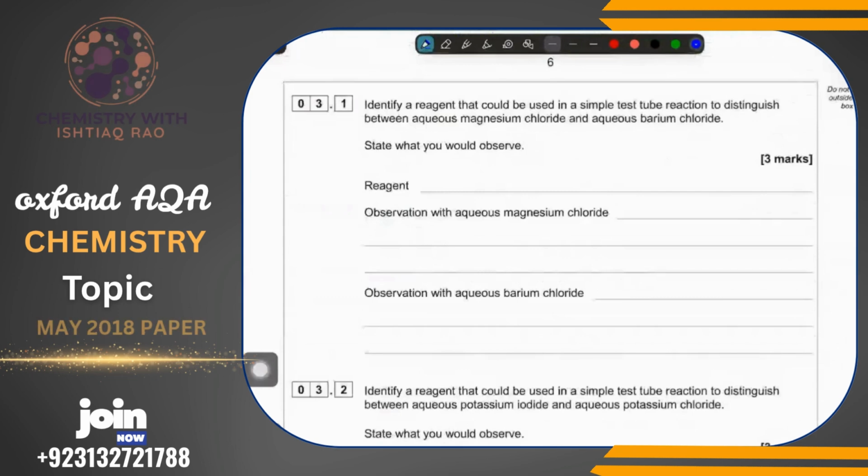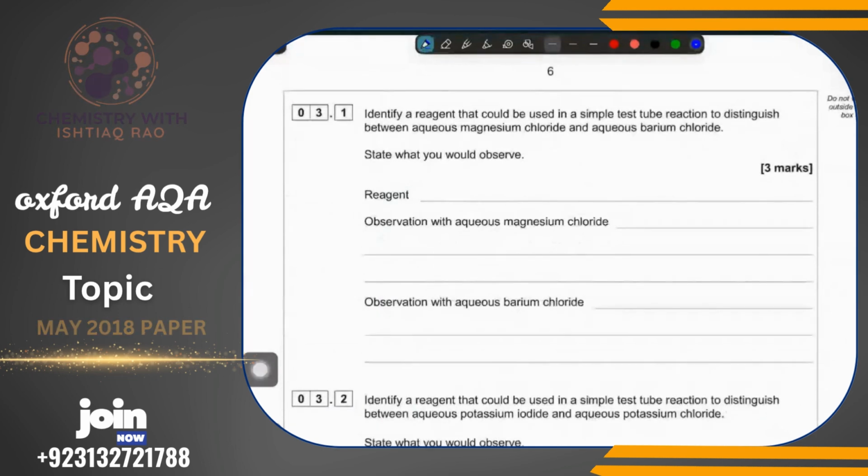Then identify a reagent that could be used in a simple test tube reaction to distinguish between aqueous magnesium chloride and aqueous barium chloride. It's a very easy test.